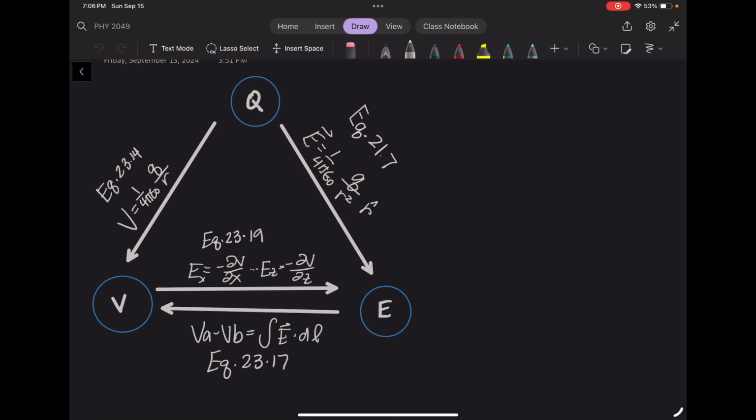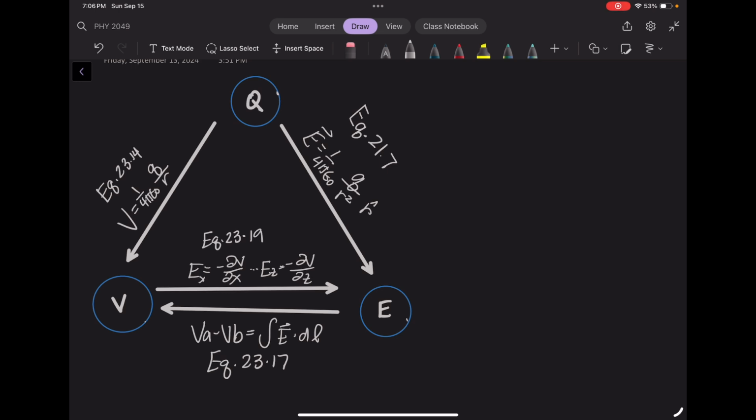Now if you look at this triangle, you can see the relationship between charge, potential, and electric field. Those are the key quantities, and all the rest of the quantities can be derived with respect to these, Q, V, and E.